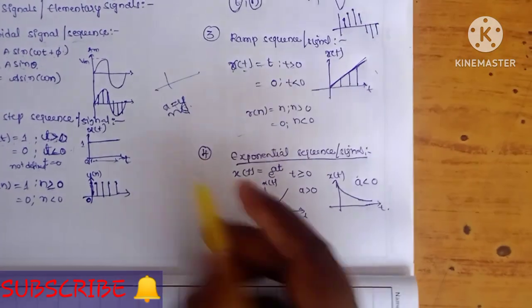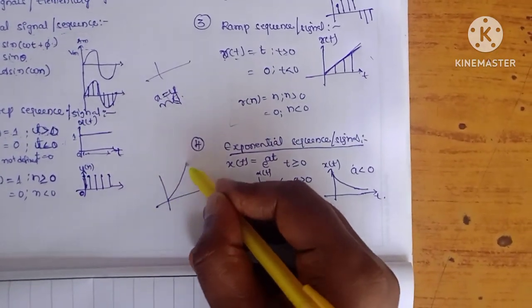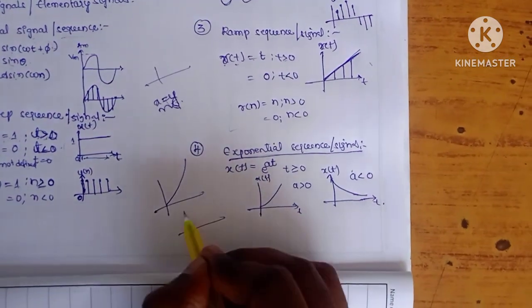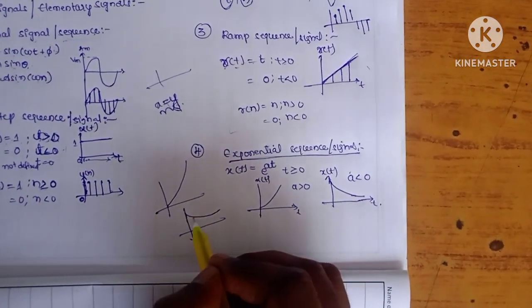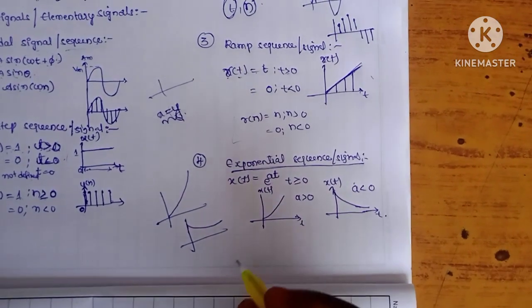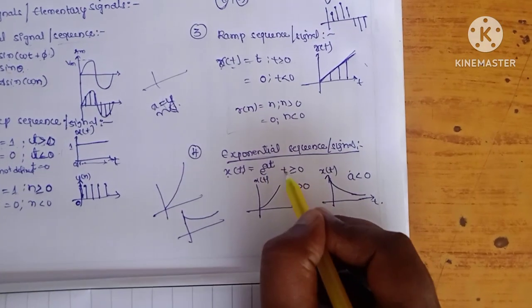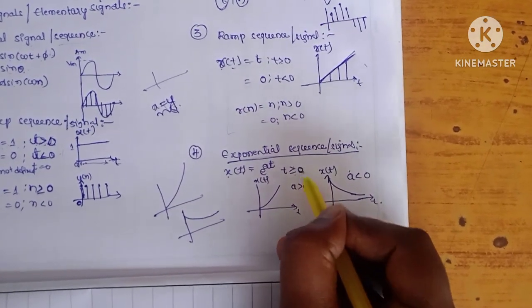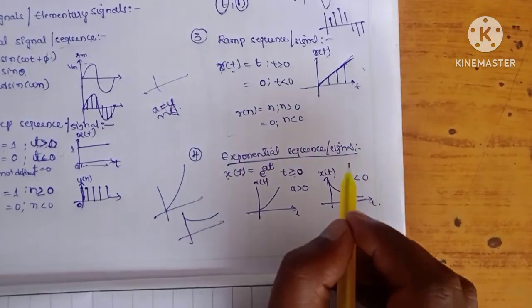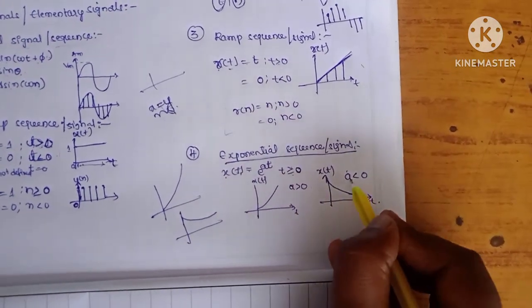And the next one is the exponential signal or sequence. What is exponential? It gradually increases or gradually decreases. The definition is x of t equals e power at, when t is greater than or equal to 0. In that we have two cases, when a is greater than 0 and when a is less than 0.